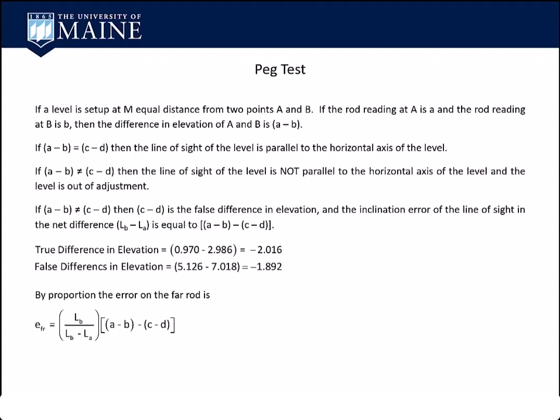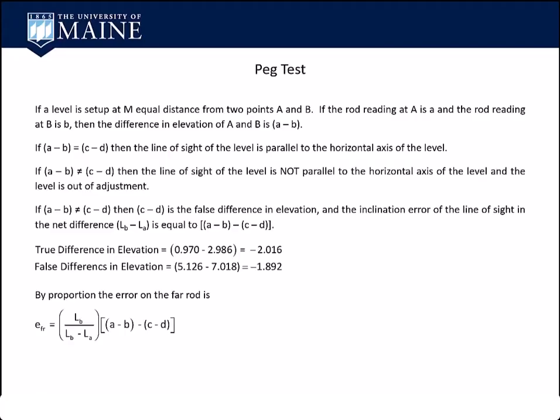So CD is called the false difference in elevation, and the inclination error of the line of sight, the net difference, is going to be equal to the difference between the two setups. So you can see the true difference in elevation is the balanced sights, balanced distances.